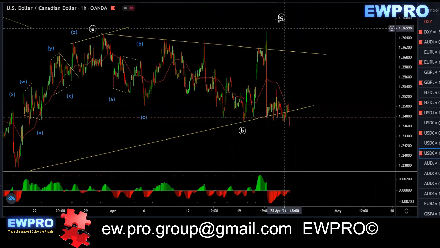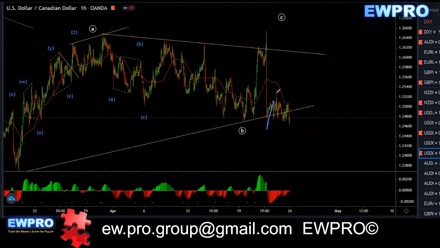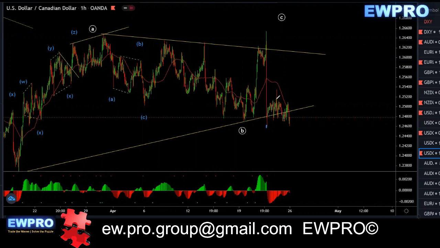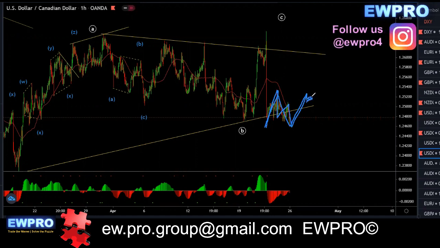If I was going to trade this now, I'd be looking at an A, B, C in here. Get another C up for an A, B, C in here, and then wait for a little bearish flag on the lower time frames up here for a flat.